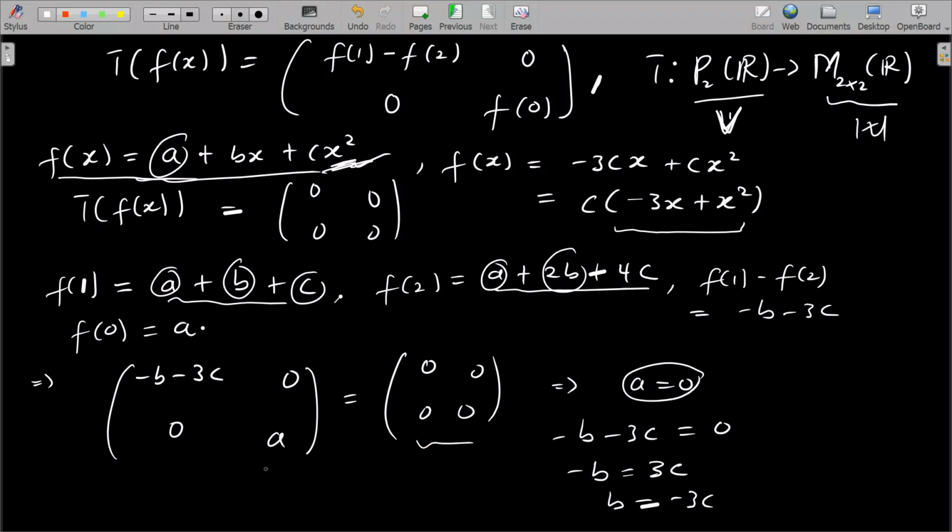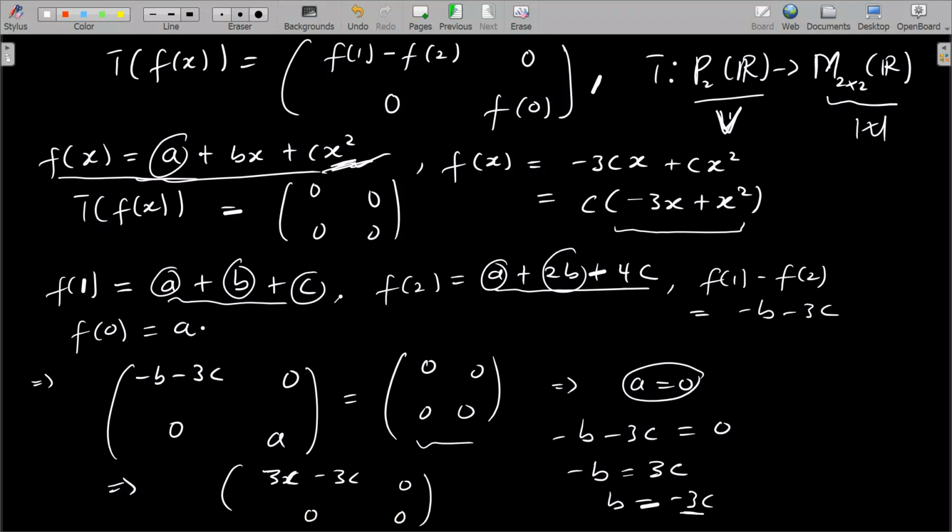You can actually pick when c is 1. When c is 1, what is going to happen? We know a is 0, so c is 1, and b is equal to negative 3c. So I'm going to plug them here: b is negative 3c, so I'm going to have negative 3c, minus 3c, 0, 0, a is 0.